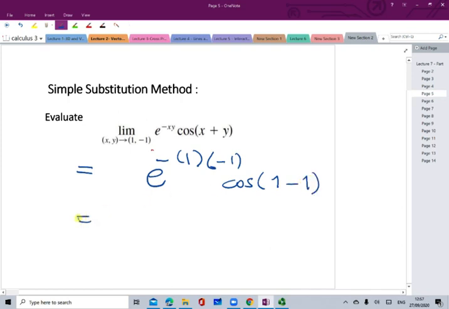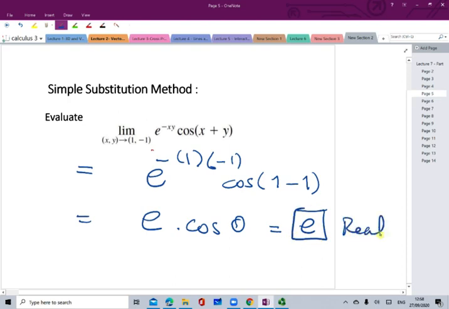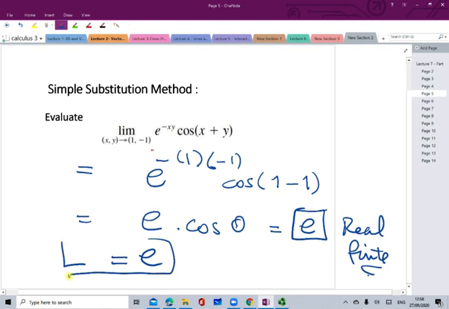So I substituted with the point (1, -1) in my function. Then I have a real number, which is equal to e times cosine 0, which is 1, so e. I have a finite value, and this value is my limiting value. The limit of this function is equal to e, or 2.71 and so on.